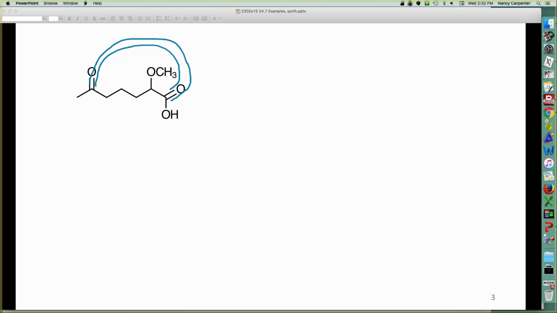So I've got a 1, 2, 3, 4, 5, 6-membered ring. Aha! Six-membered ring. I'll number my carbons again: 1, 2, 3, 4, 5, 6.